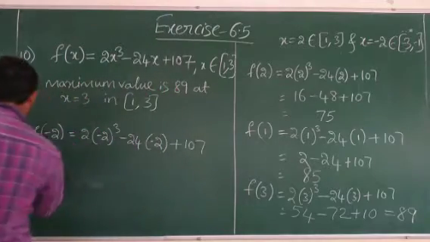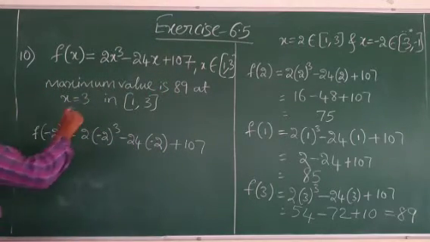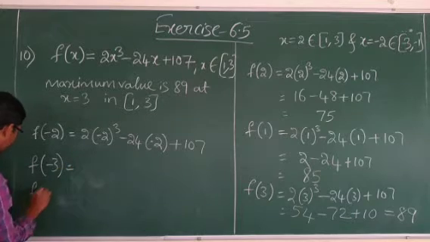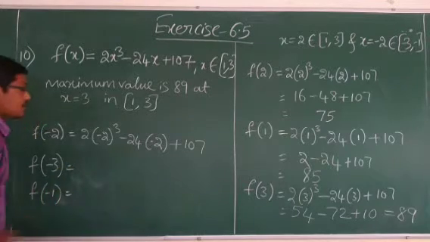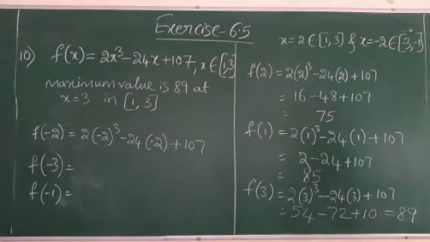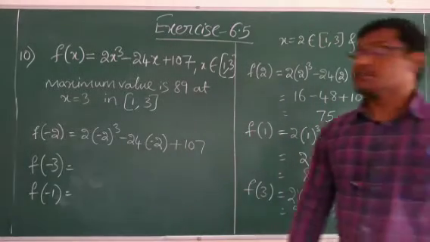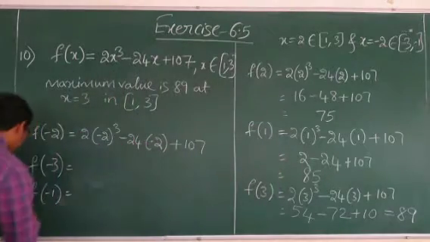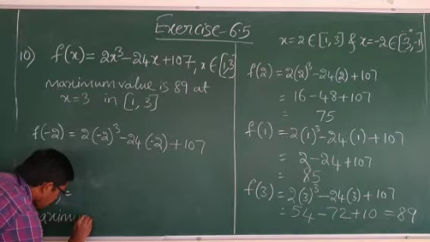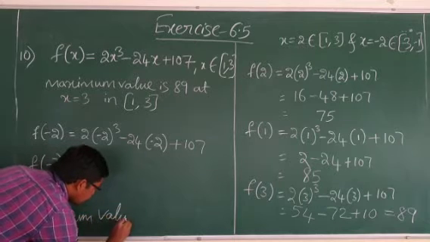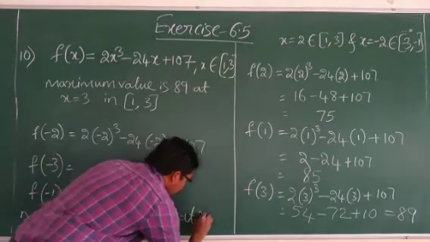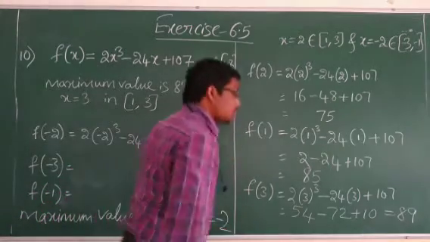We can solve this and also solve for the end points minus 3 and minus 1. If you solve these values, we will see that the maximum value is 139. Maximum value is 139 at x equal to minus 2.